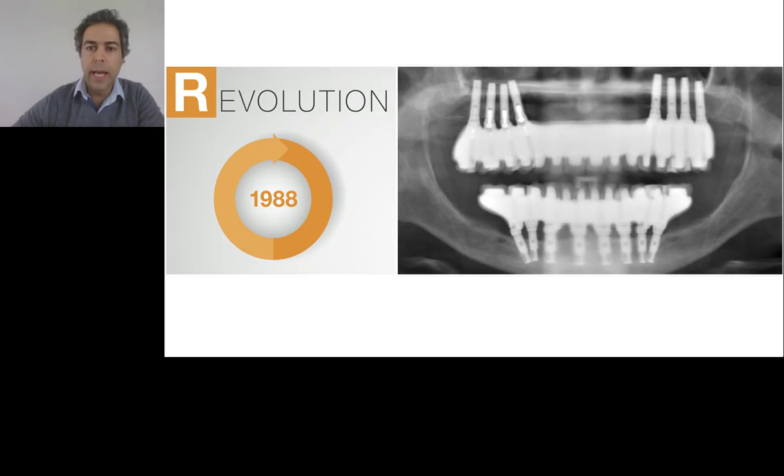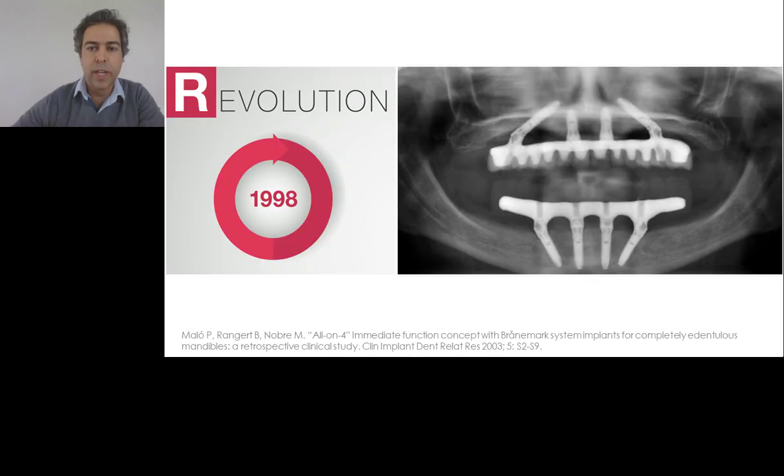We wanted to fill every piece of bone with titanium, and we wanted to graft. But then in the 90s we realized that we needed the minimum number of implants to support a fixed bridge. This is when the all-on-4 came up. The first publication is from 2003, the first paper on the all-on-4, but this started in the 90s.